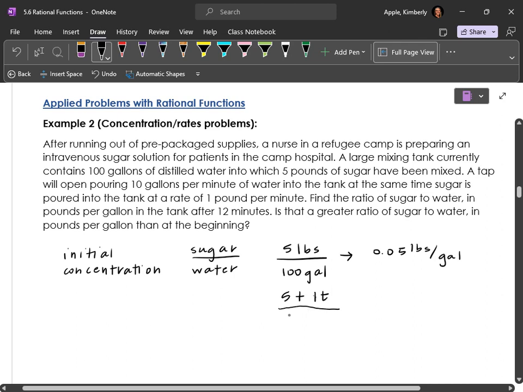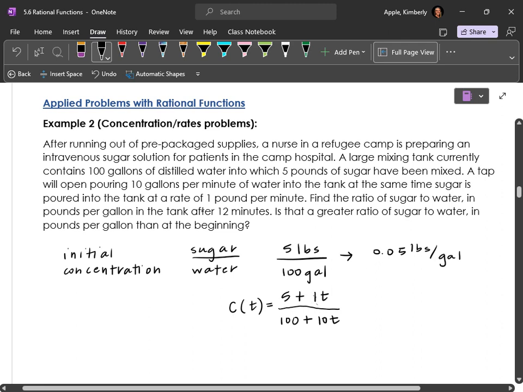And for the water, we start at 100 and we're pouring in 10 gallons per minute, so this would be 10 times t. This is just a y equals mx plus b linear function. And so this is the function that describes the concentration, c, as a function of t. This is going to be our rational function that describes the concentration over time.